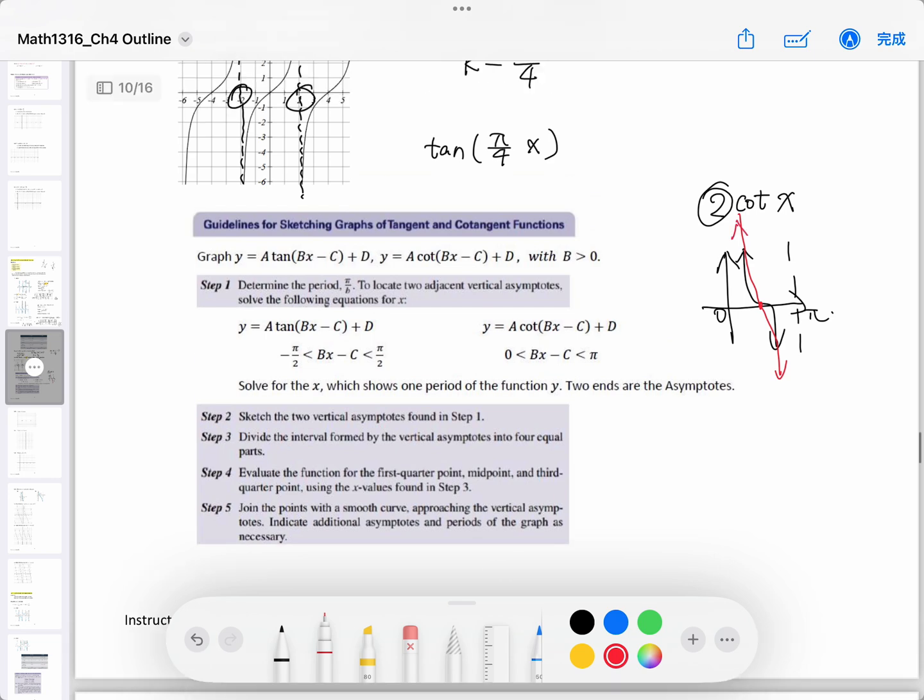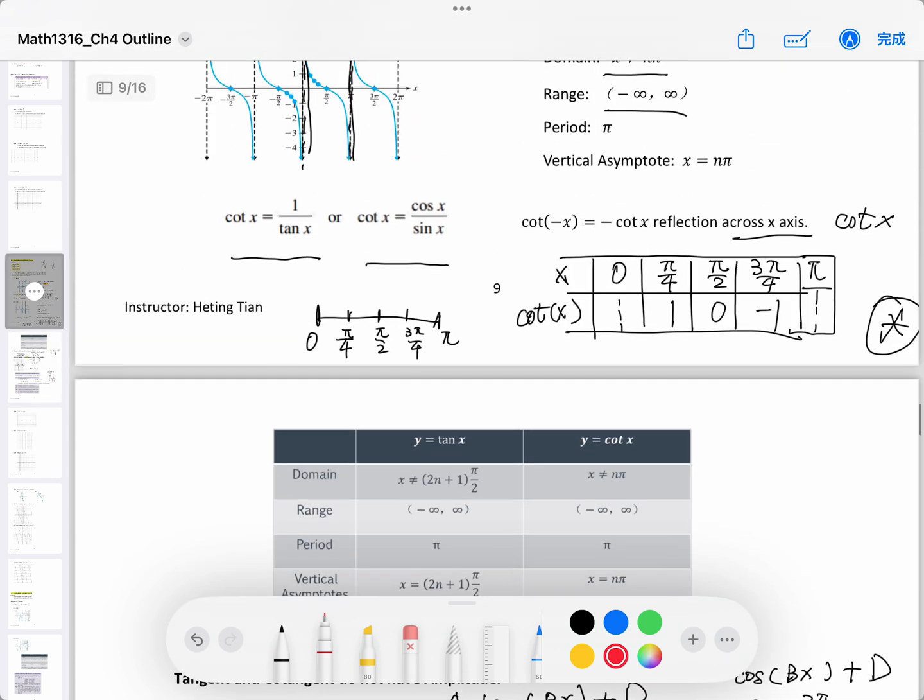Based on the parent function, the x didn't change. All the y values stretched. Here becomes 2, here becomes -2.